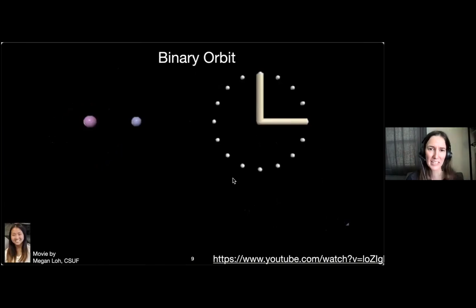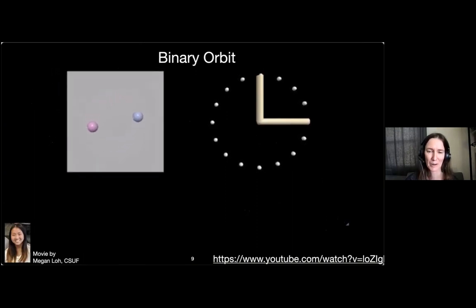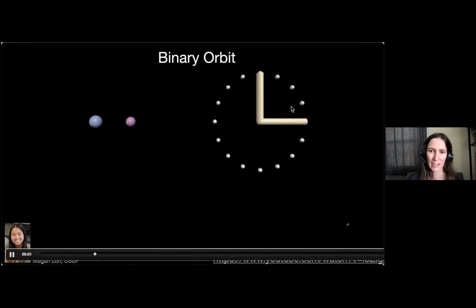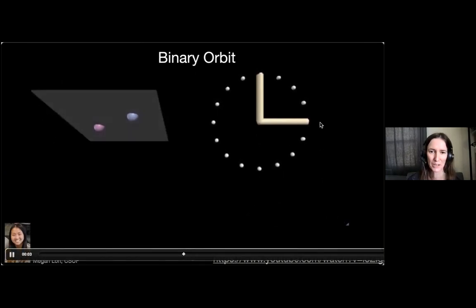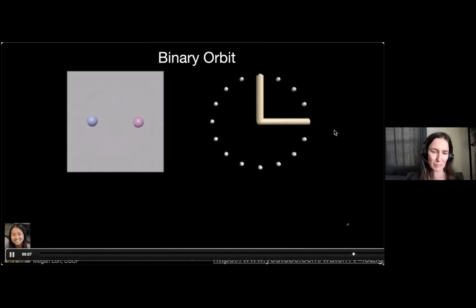So here's an example of a binary orbit, perhaps seen from overhead or perhaps seen from the side, and the response of an interferometer or some test particles from your perspective looking at the system.